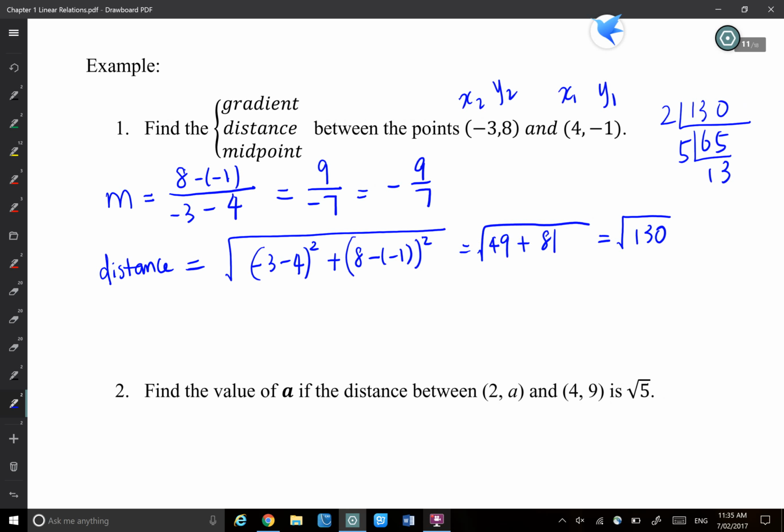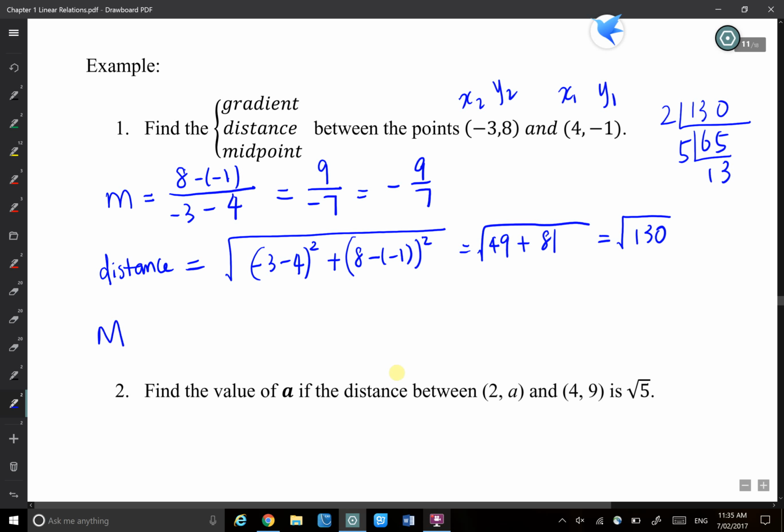And the last one is to find the midpoint. So for the midpoint, what's the x coordinate? You add the 2 x values and divide by 2. Do not add x and y.